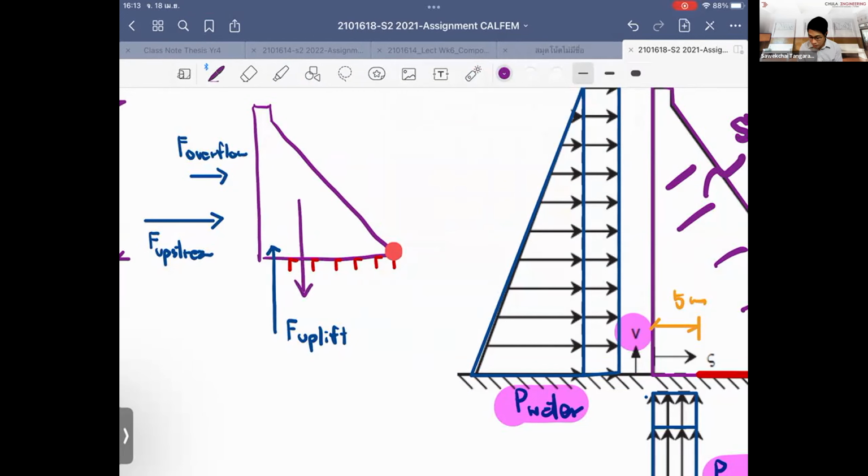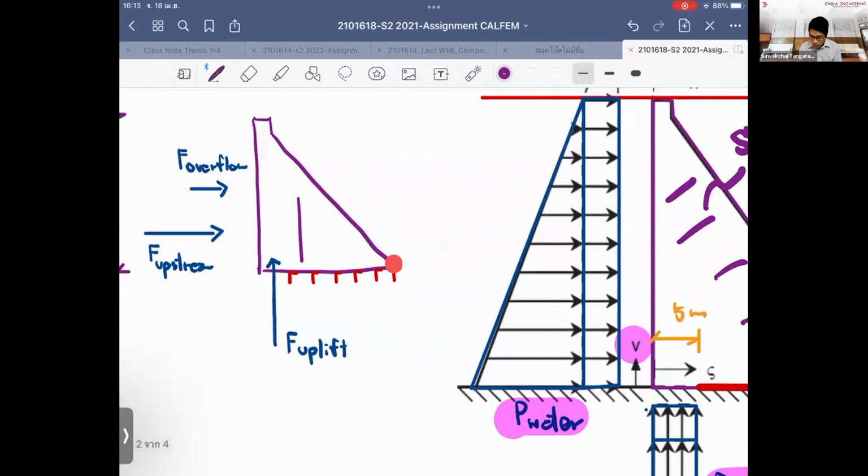This is what we call the selfweight of the dam, and it acts as a counter moment or the counter force to make the dam stable, stabilizing.